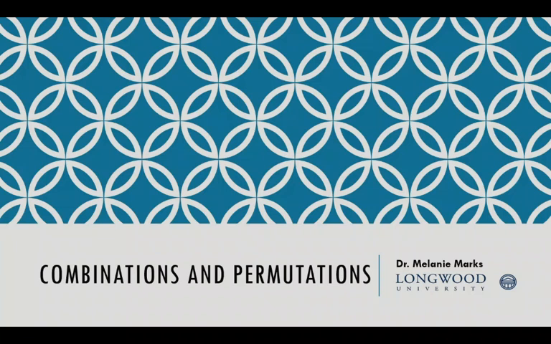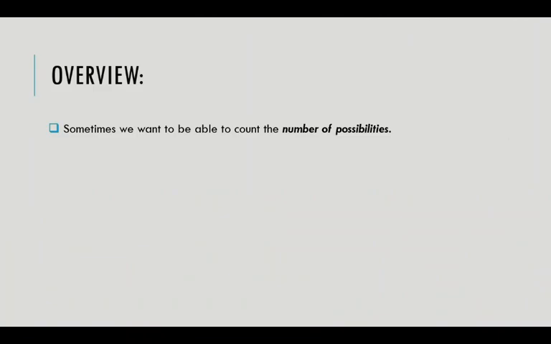Let's get started. When we're talking about this particular topic, it's with the idea that sometimes we want to be able to count the number of possibilities. If we just had some combinations of things and we wanted to know how many possible combinations, we need a way to calculate that. For example, maybe we're assigning 5 people from your firm to a committee.